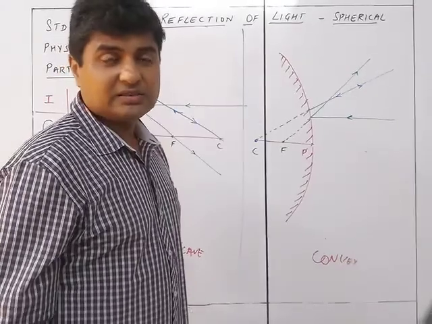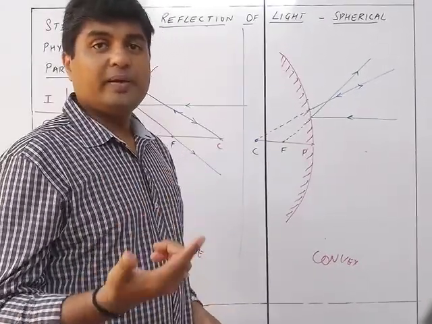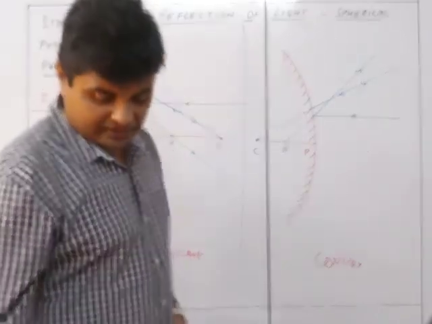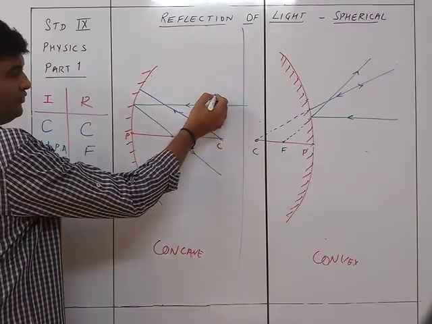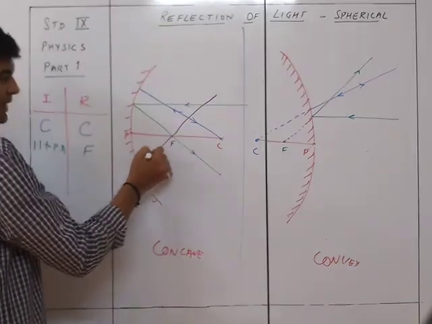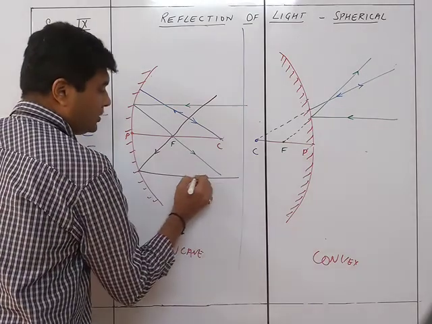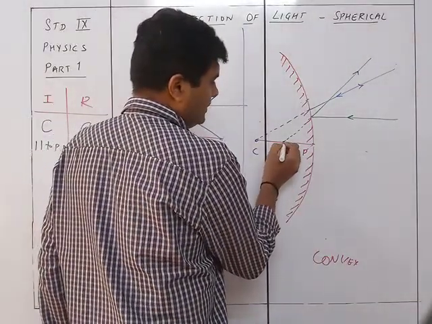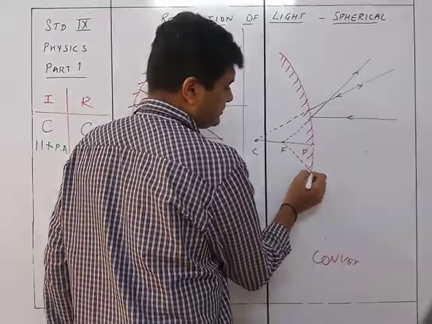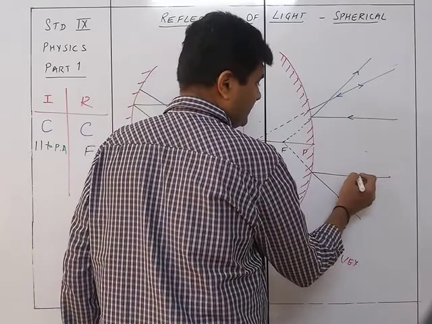The third one is, if it is passing through the focus, then it will become parallel to the principal axis. So if I have a line which is passing through the focus, then after reflection it will become parallel to the principal axis.